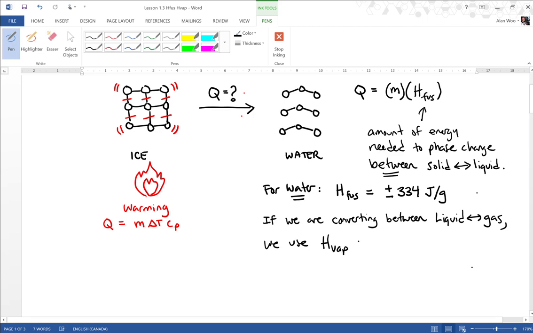And Hvap for water is plus or minus 2,260 joules per gram.